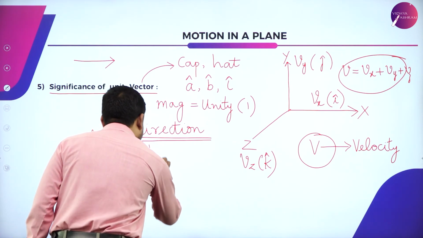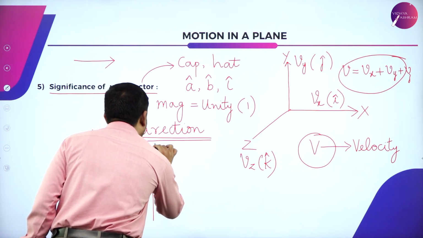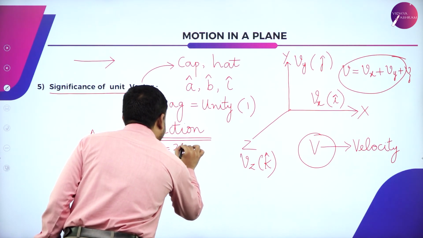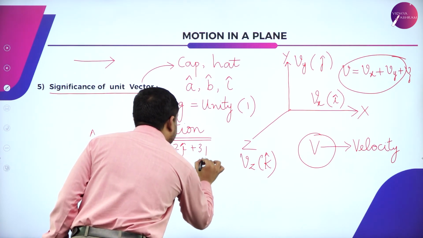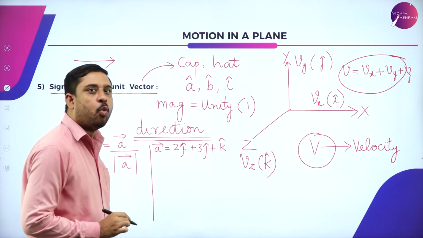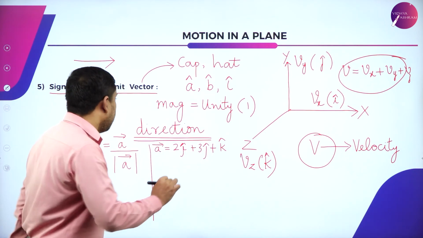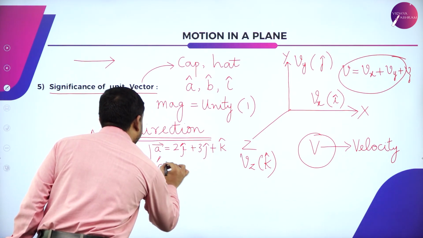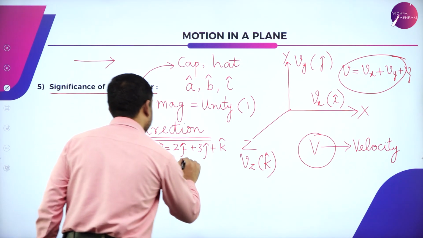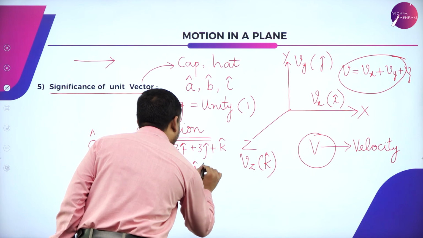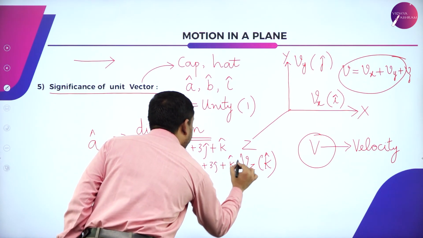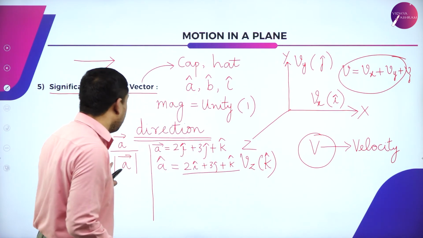And magnitude wise we wrote A cap is vector A divided by modulus of vector A. What do I mean by this? Suppose I give you a vector 2i cap plus 3j cap plus 1k cap, and ask you to find the unit vector. So this is vector A: 2i cap plus 3j cap plus k cap.